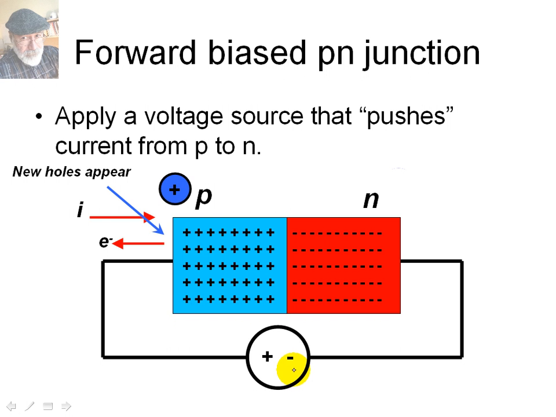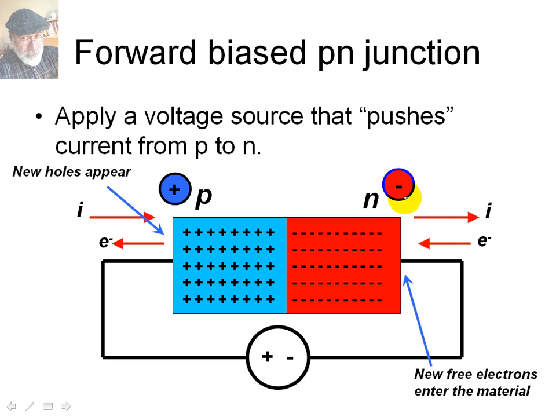That source at the same time is pulling current from the right of the N material, which is equivalent to saying it's feeding new electrons into the right of the N material, increasing the density of free electrons on this side of the p-n junction.